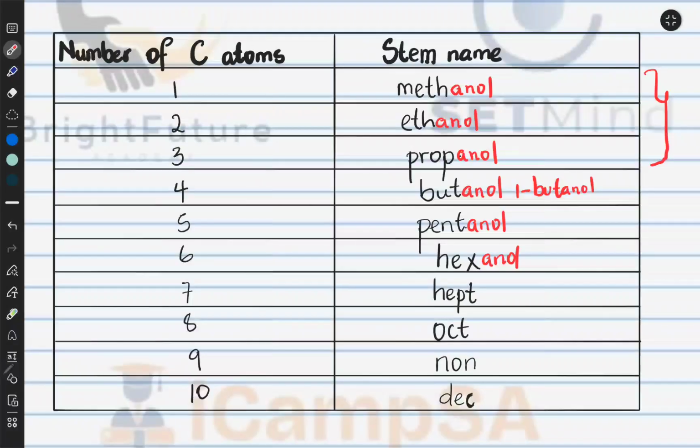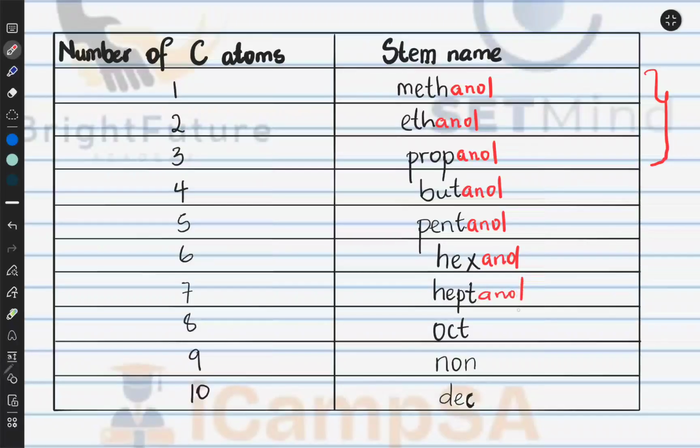It will be accompanied by a number that tells us the position or the location of the hydroxyl group. It's not just possible to say it's butanol, right? So it's not that simple after propanol. You are less likely to use numbers for methanol, ethanol, and propanol. But after propanol, you start using numbers, right?